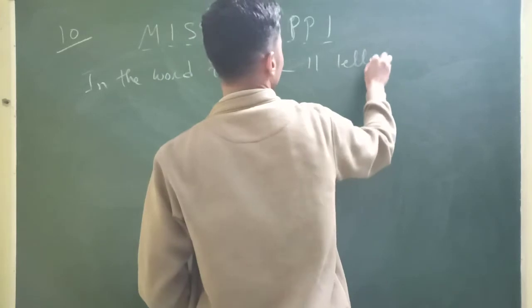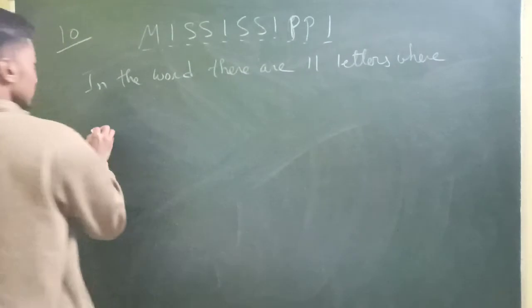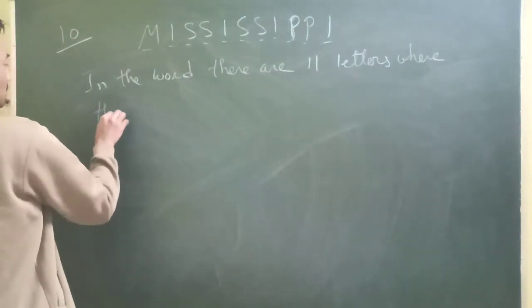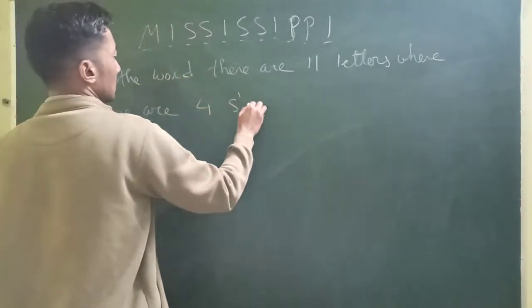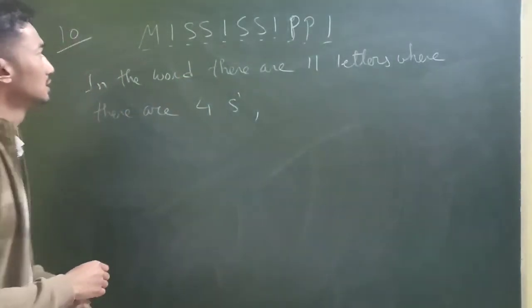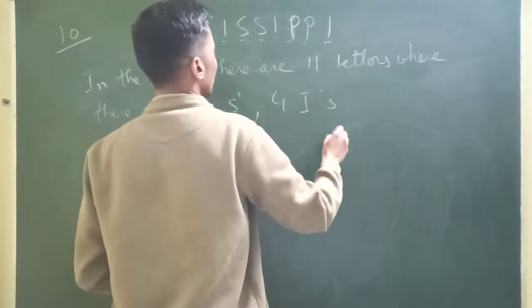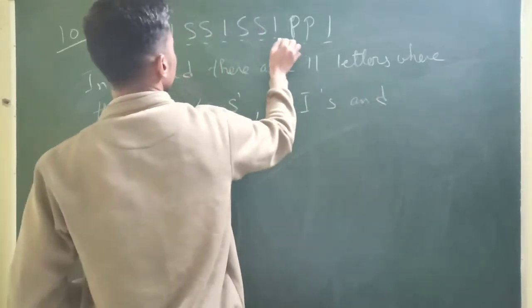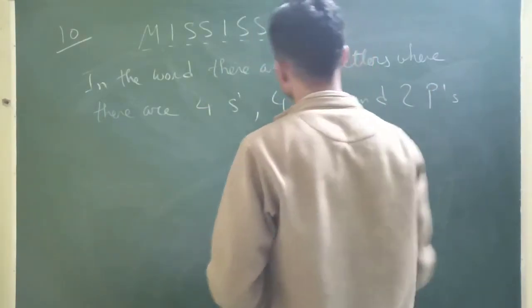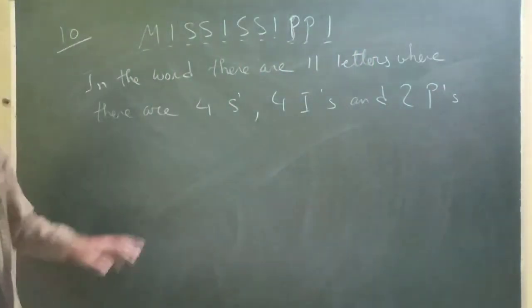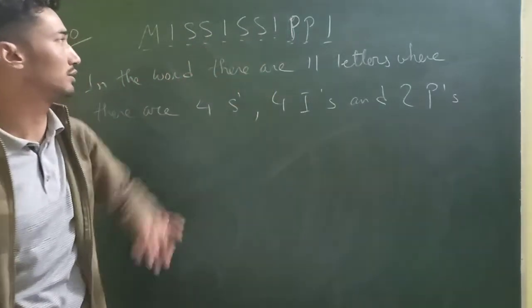There are 11 letters where there are 4 S's, 4 I's, and 2 P's. So 8. Only M is alone here.